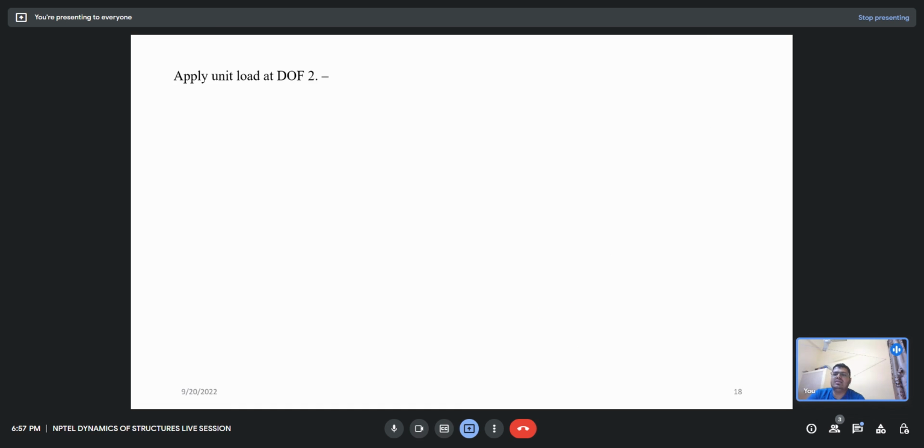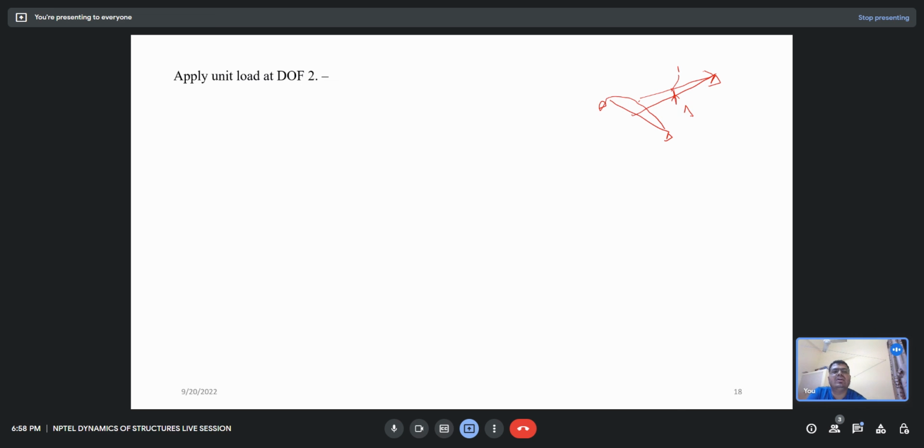Now apply the unit load at degree of freedom 2. I will apply the unit load at this point. So it deflects like this, and that is also going to this.